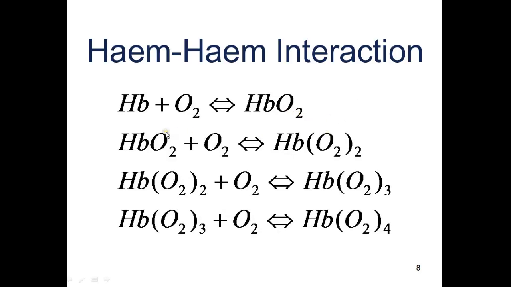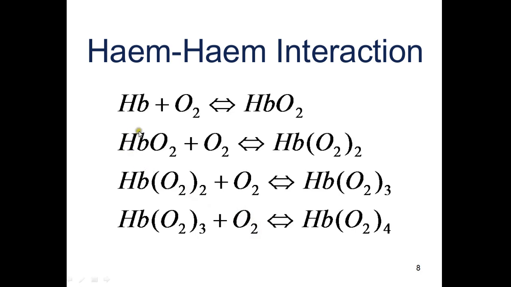Now this is a mechanism which is called the heme-heme interaction. Here, if one hemoglobin molecule combines with oxygen, it will form oxyhemoglobin. This will facilitate the combination of the other oxygen, the third oxygen and the fourth oxygen molecule.